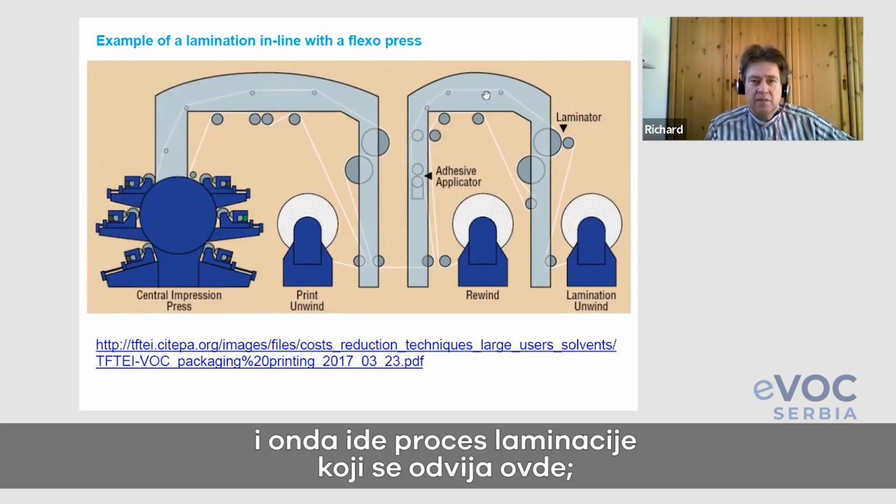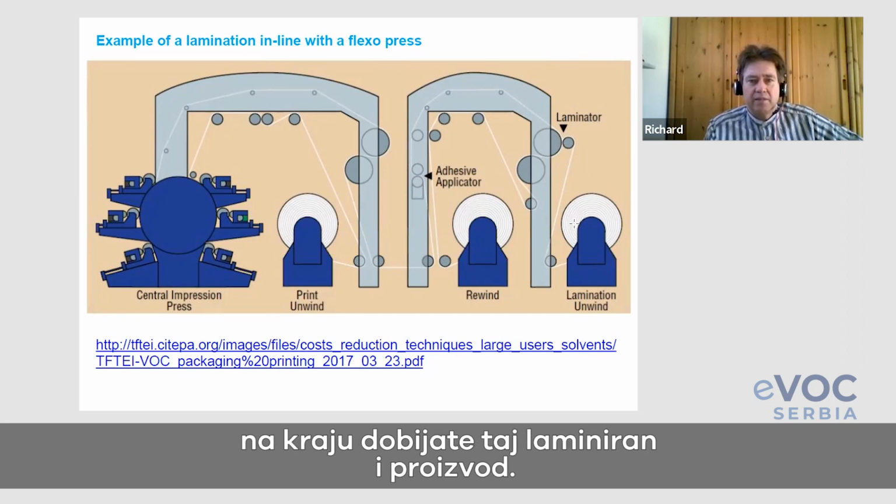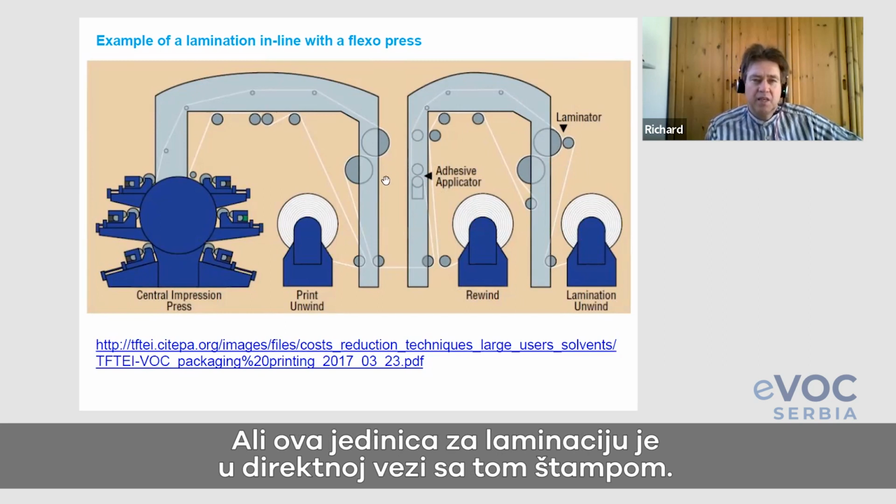And then here you have the lamination process. That takes place here. And at the end, you have this laminated product. But you see, that unit for lamination is directly associated with the printing.